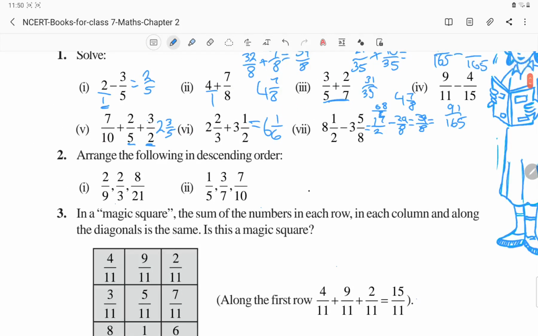2 by 9, 2 by 3, and 8 by 21. We're going to do a common denominator of 63. Okay, 63. I'm going to put a square around the one that we're working out, and I'm going to do the working out here. Okay, so 63 is the common denominator.